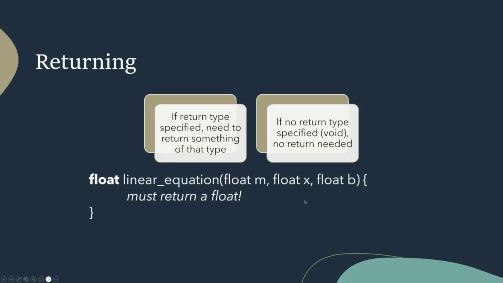In many languages, your compiler will give an error if you don't return a float value ever, or in every code path. So the compiler sort of helps you out sometimes, and it says, hey, you said you were going to return a float value and you didn't. You should probably do that. And again, if you don't want to return a type, then often you'll just say void, and that just tells the compiler, hey, I'm not returning anything. That's intentional. So don't worry about that.